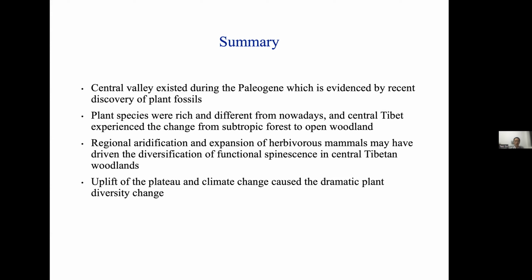And the regional identification and the expansion of herbivorous mammals may have driven the diversification of functional spiny things in central Tibetan woodlands. And the uplift of the plateau and the climate change caused the dramatic plant diversity change.